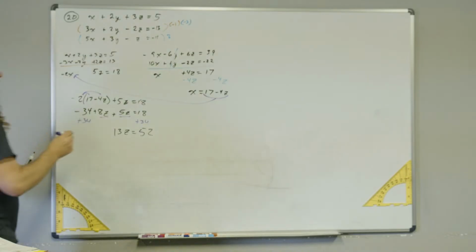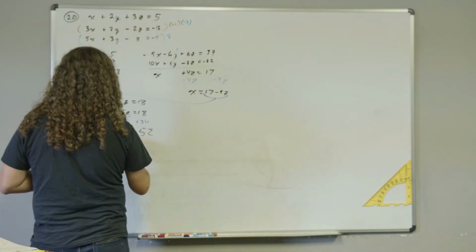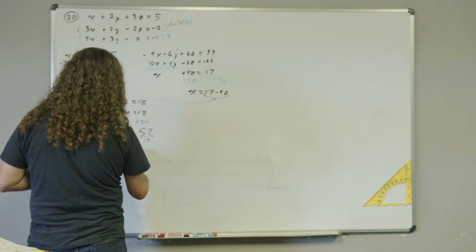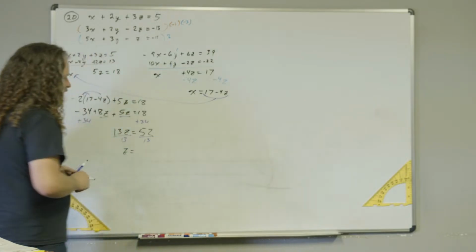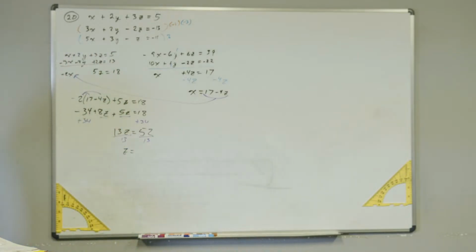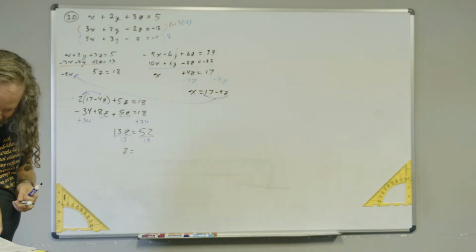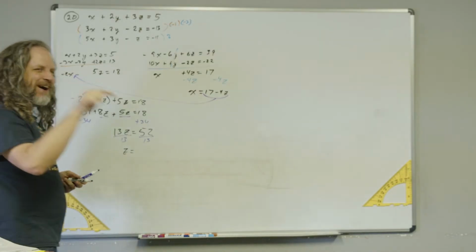52 divided by 13. I bet it's 4. Is it 4? It's 13 times 4.